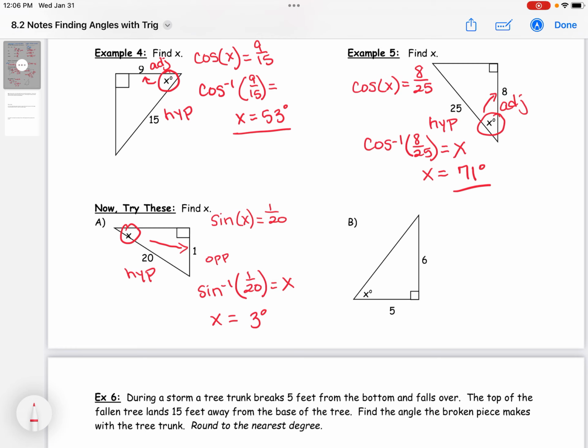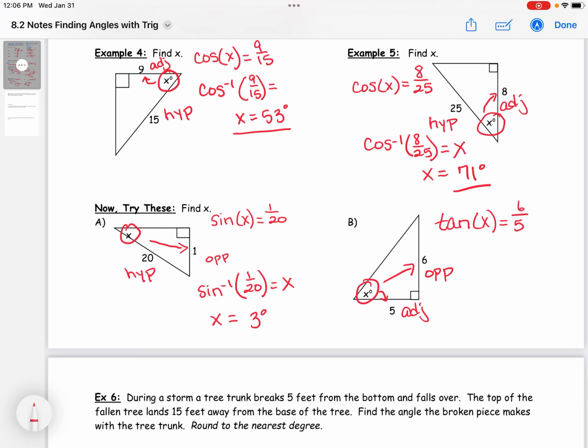All right. For this one, I have the opposite and the adjacent. Opposite and adjacent is tan. So tan x equals 6 over 5.